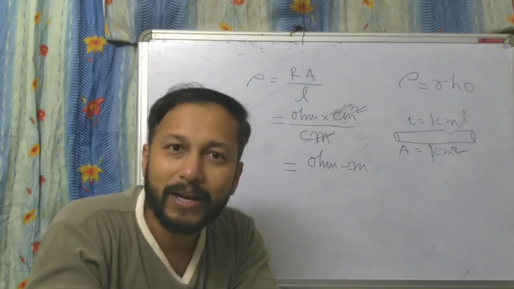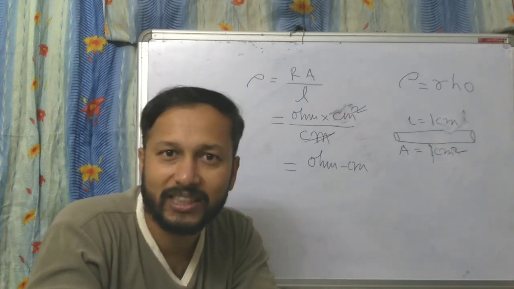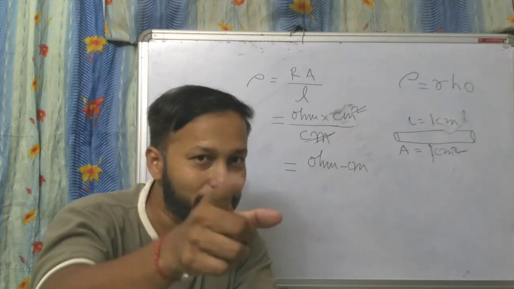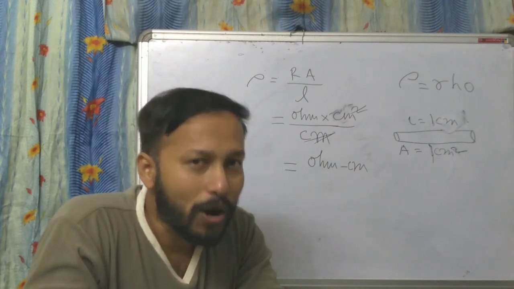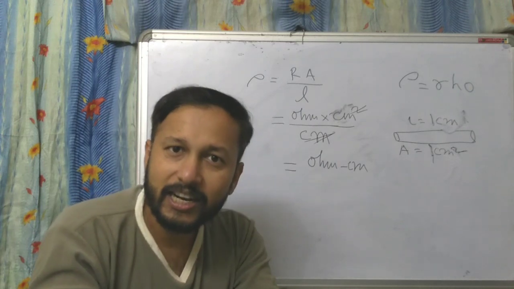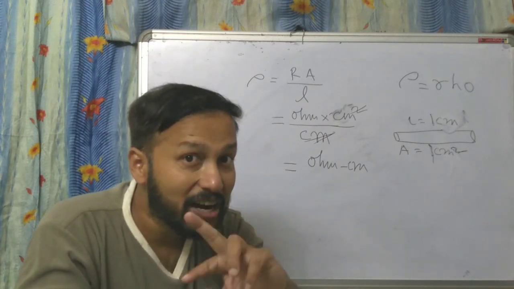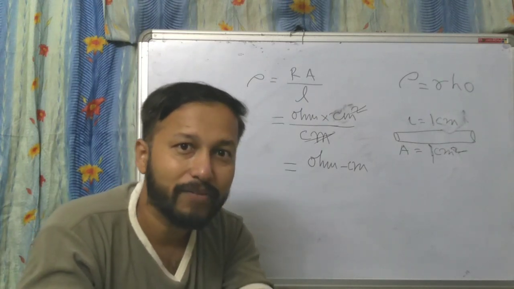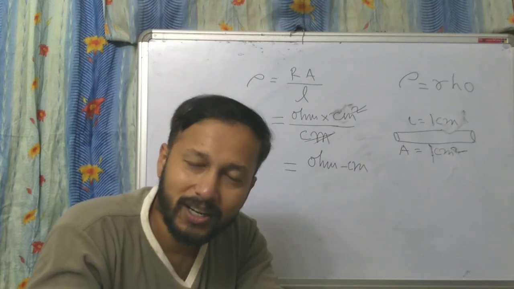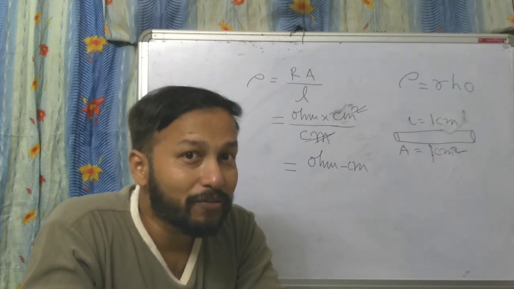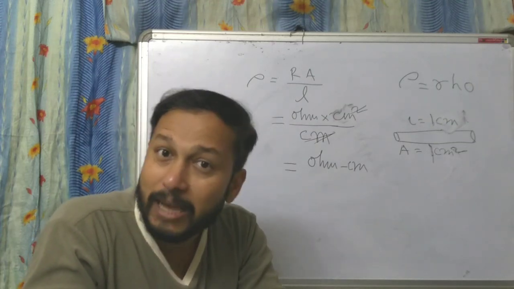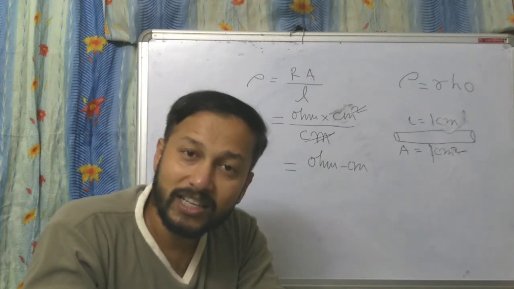How? Yeah, because they are of different length. Understood? So the wire which you have selected is 1 meter, the wire which I have selected is 10 meter. Since lengths are different, resistance will be different.